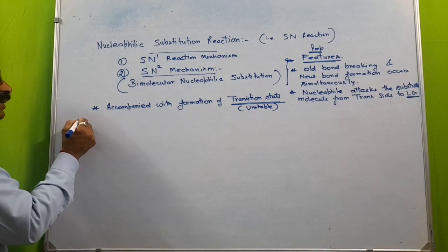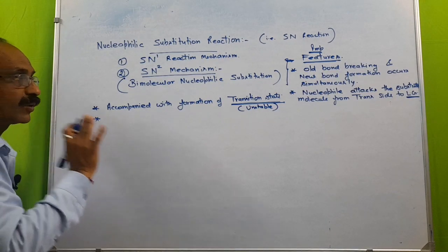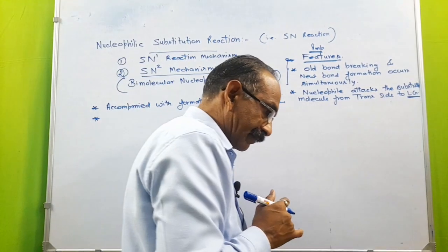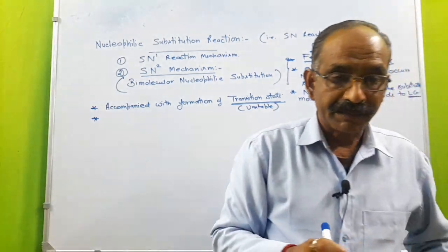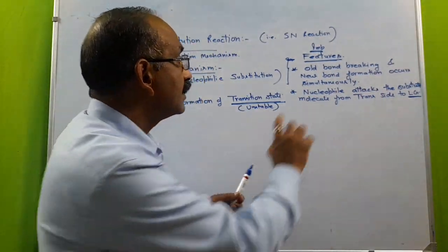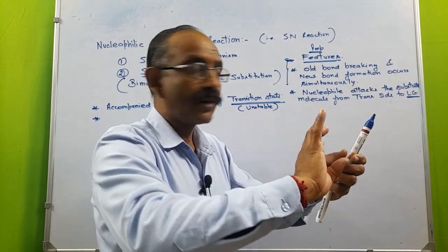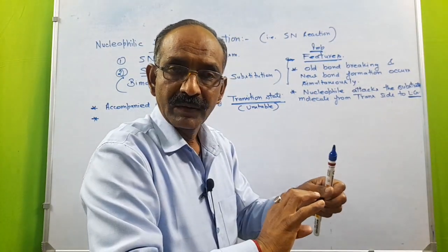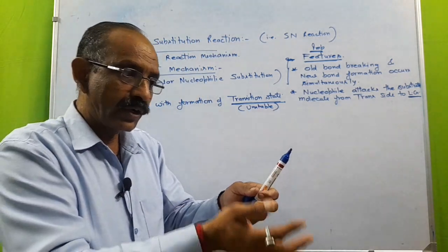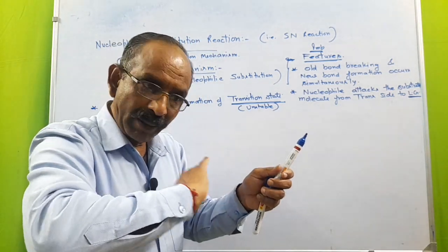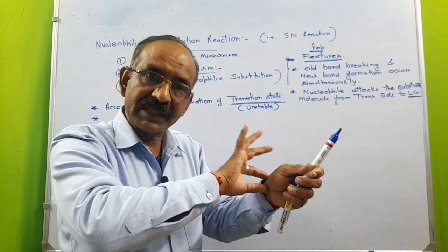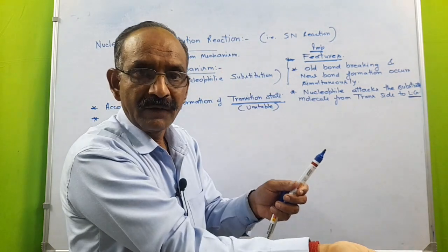And finally, the most important point of the SN2 mechanism: as the nucleophile is attacking from the back side of the leaving group, what will happen? When the leaving group is replaced, the group which is lying on the back side will shift to the front side.